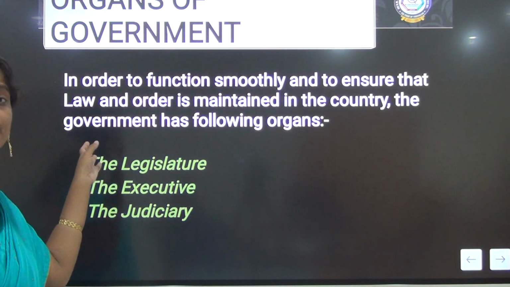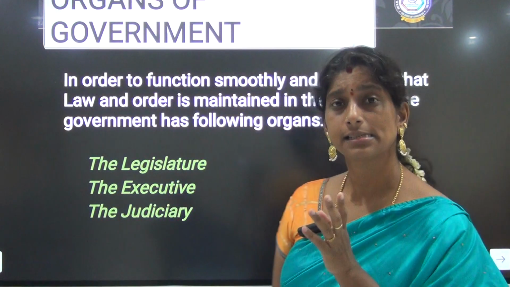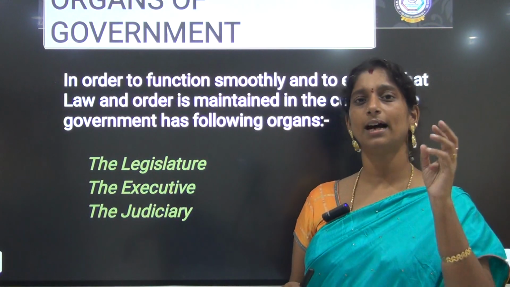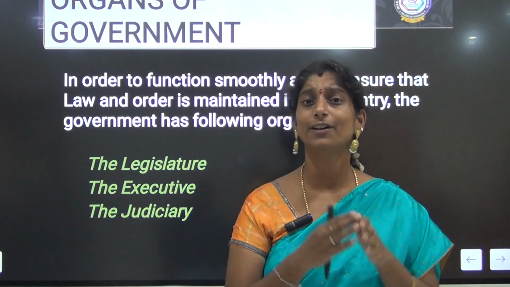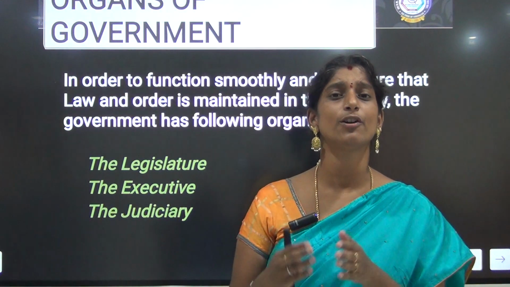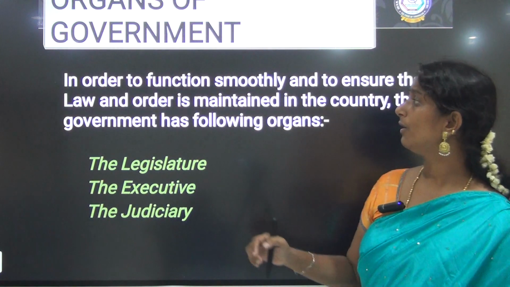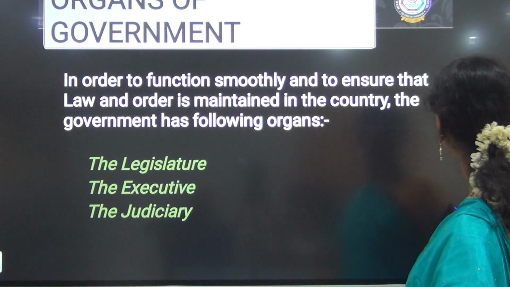So we have seen the forms of government and the systems of government. Now there are various organs of government, that is, government is not only the topmost official but it is divided into further groups so that each and every part of the country or state is being regulated properly. Okay, so the organs of the government are nothing but, why are they set up?